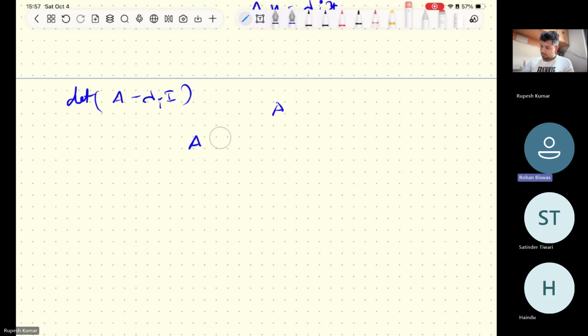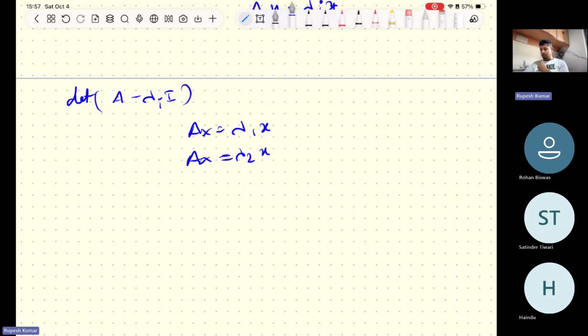So initially, what you were writing was right, that Ax equals lambda 1 x and Ax equals lambda 2 x. And in that sense, lambda 1 has to be equal to lambda 2, if x is not 0. And that is by the definition of eigenvector, x is non-zero.